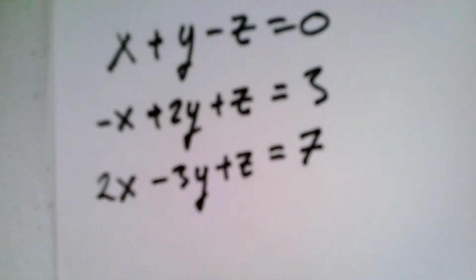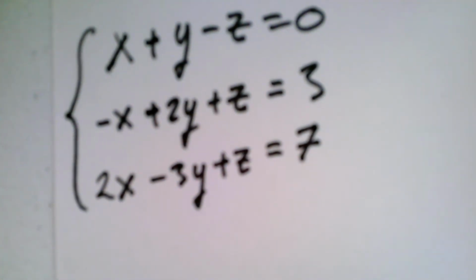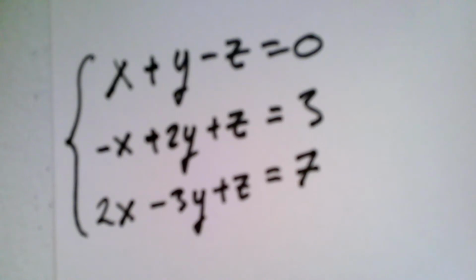Great, so we have this linear system, and we know how to use combinations of these rows to find a solution to this linear system.